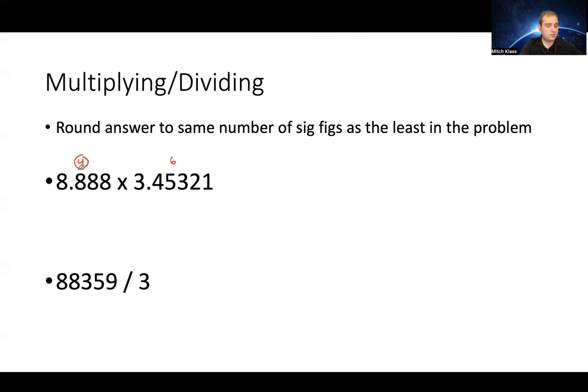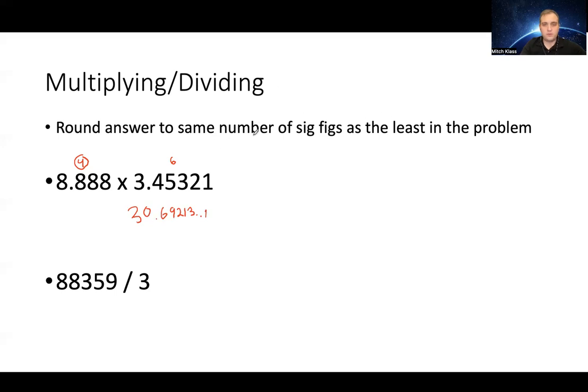Now, using a calculator here, 8.888 times 3.45321 is going to equal 30.692113 dot dot dot.